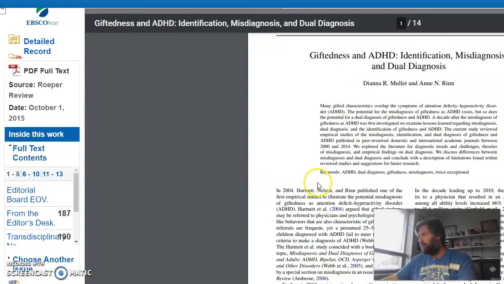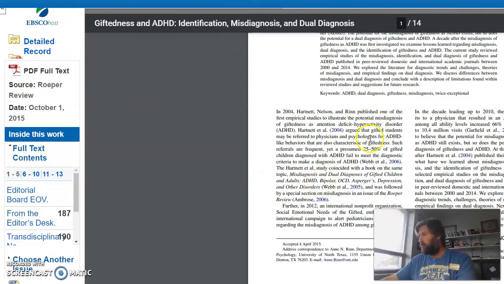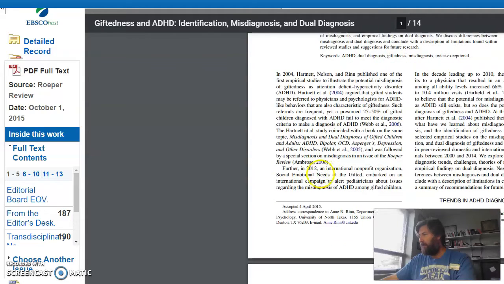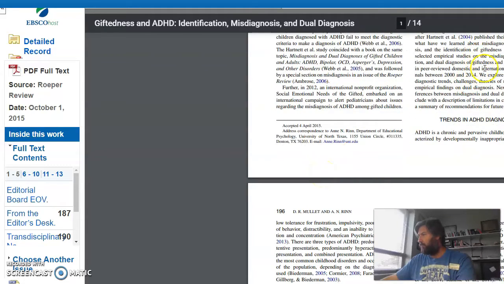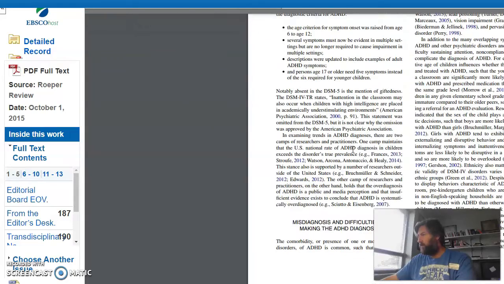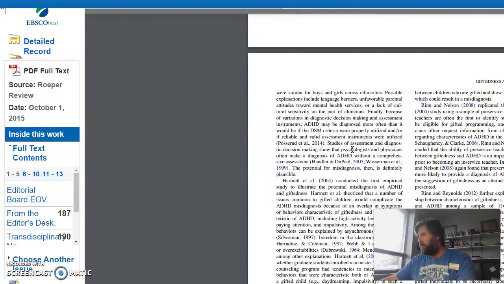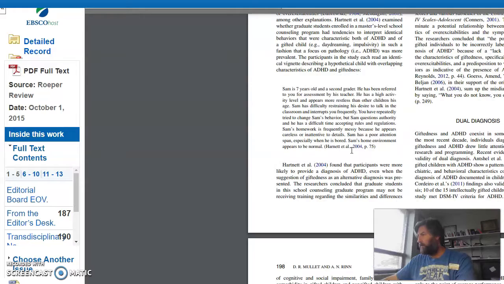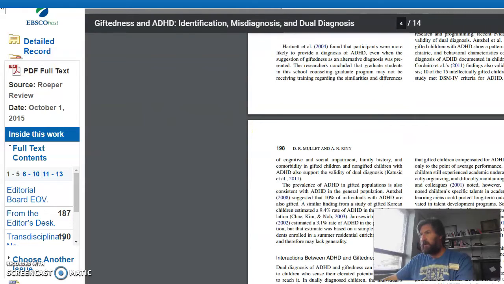I'm already seeing some data, but it doesn't look like it's a big study. It's just going over data, I think, that other people have done. Again, this one might look a little too scientific or technical.